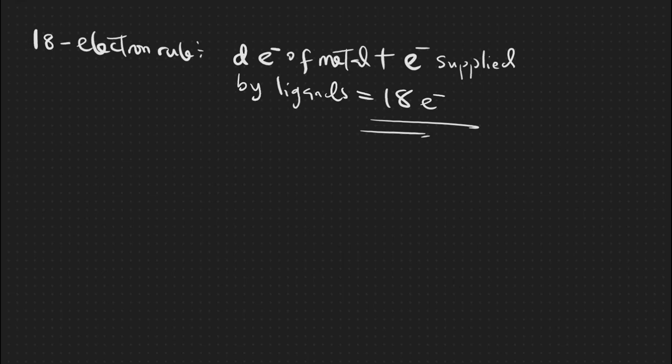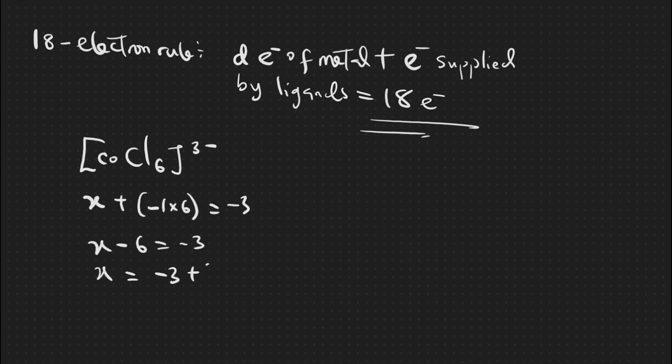We have this cobalt. So the first thing to do here is to calculate the oxidation state of the central metal, which is our unknown. Now the electronic configuration of cobalt is argon 3d7 4s2.